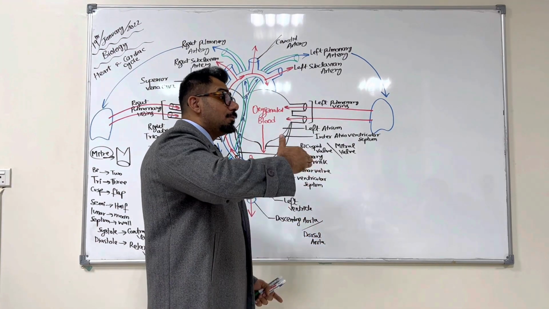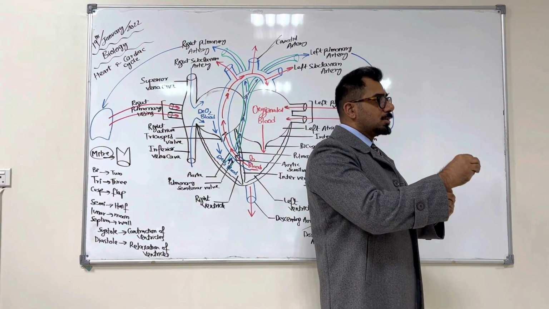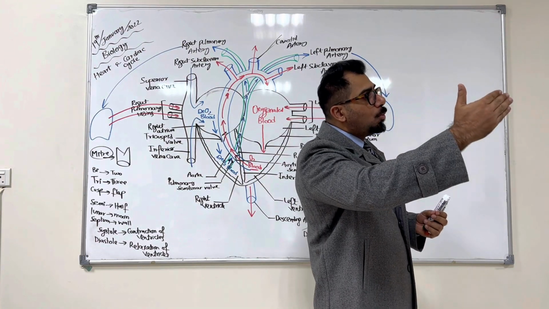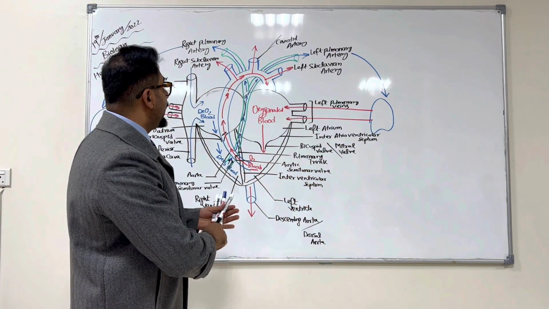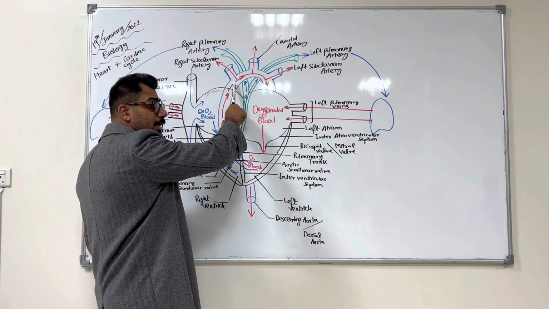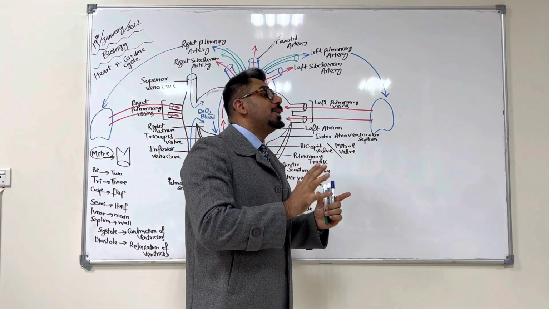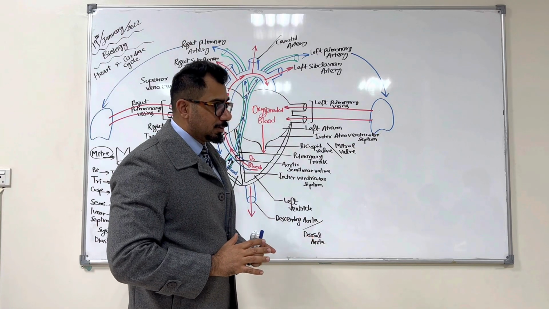I said that when the capillaries join together, they make venules. Then the pressure increases from capillaries to the veins more. Arteries still have the highest. The aorta has 120 millimeters of mercury pressure. And the highest pressure detected in a vein is 5 millimeters of mercury. 115 millimeters of mercury difference is there. Got it?